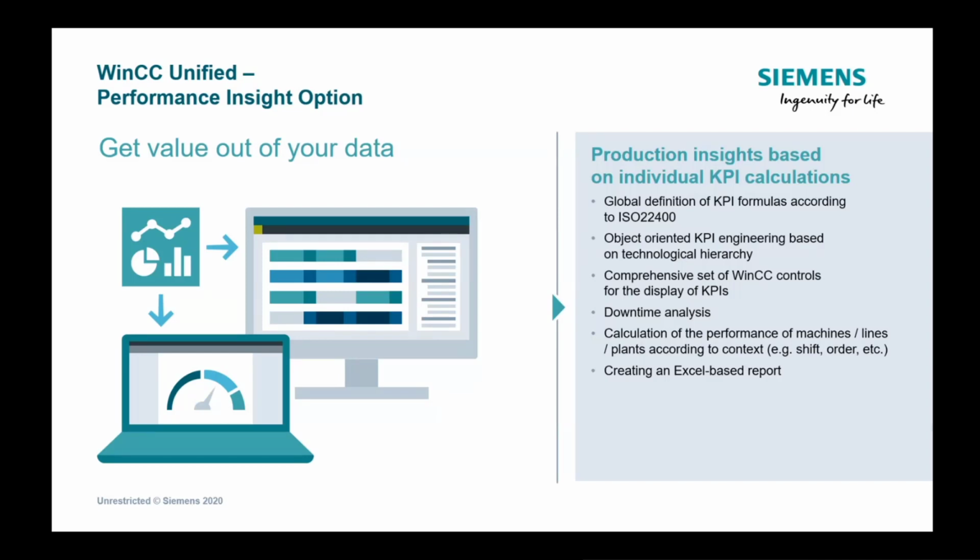With KPIs, each individual business will have its own business-specific KPIs, but common ones would be things like OEE, quality, piece counts and downtime. And we'll have a look at some of these examples when we go through the live demo.